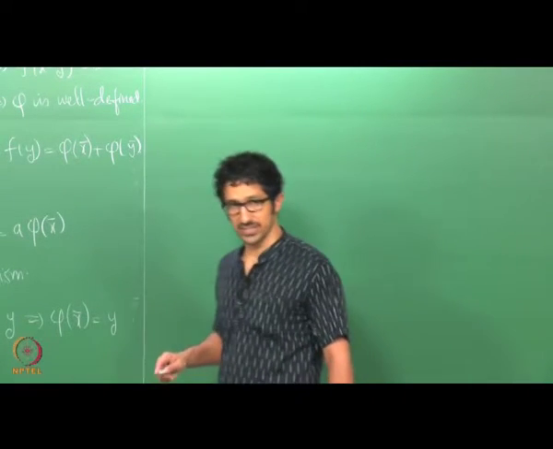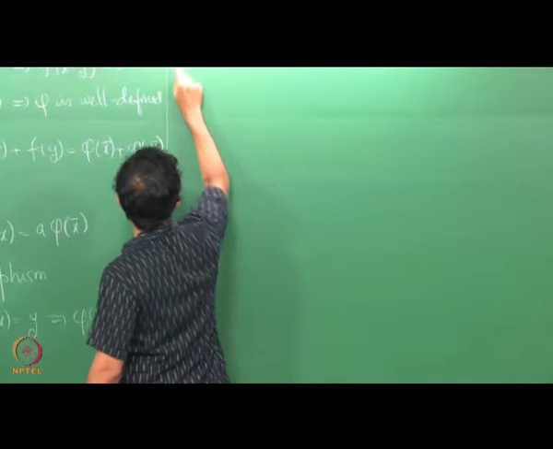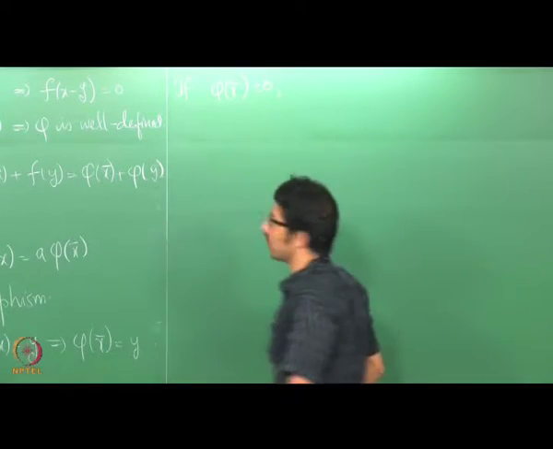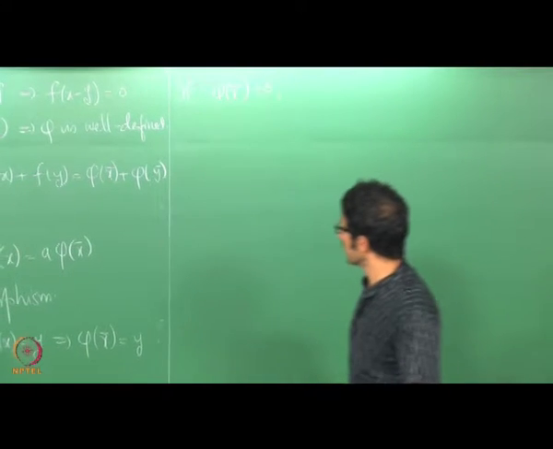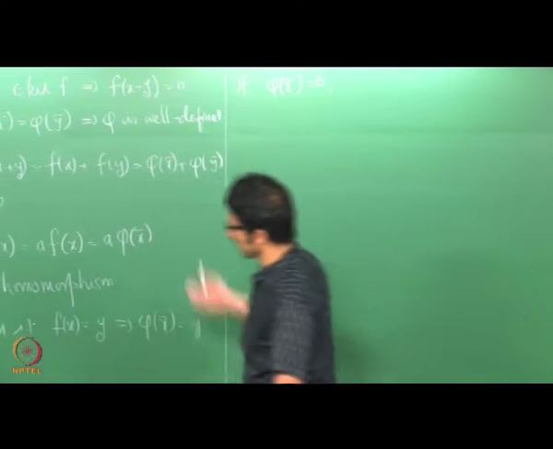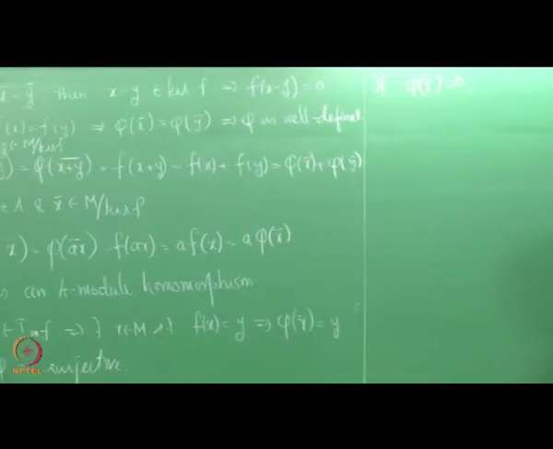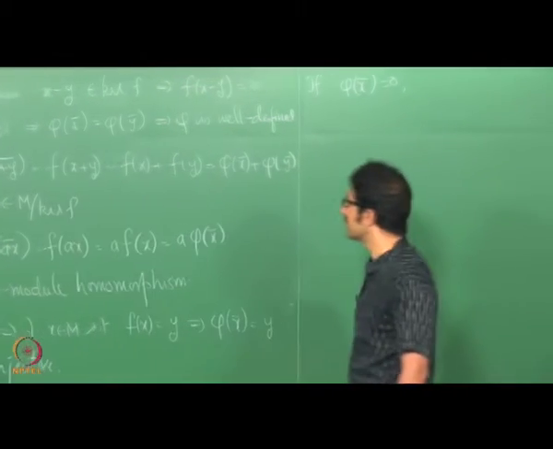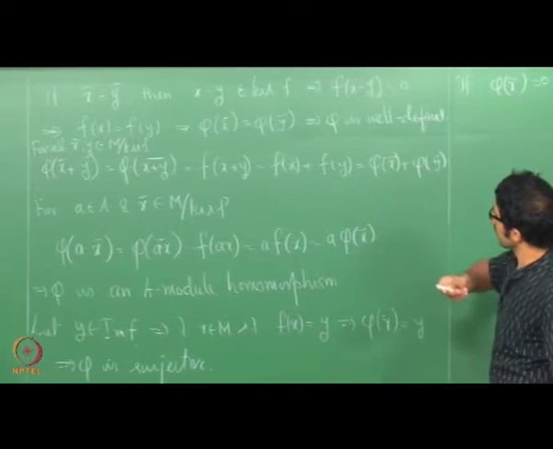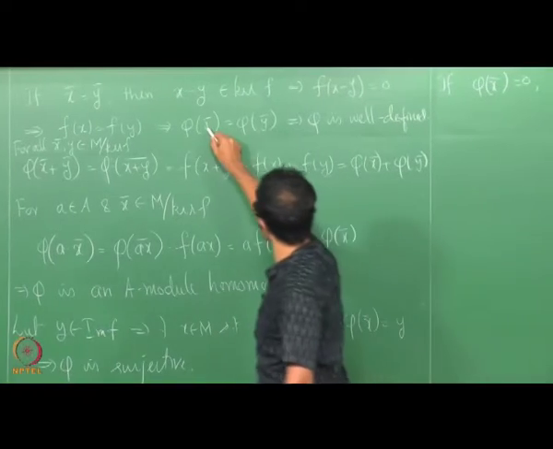Why is phi injective? If phi of x bar is 0, what does that mean? Yeah, that is true. So, one can directly go back from here.